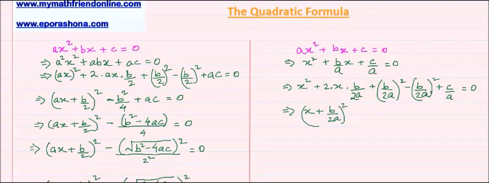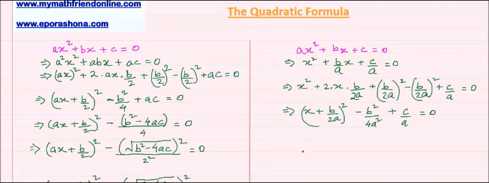Now coming to these two terms. Let us first square this. It is minus b square by 4a square. And this one is a plus c by a equal to 0. Next, we see that if we just want to add these two, what will be the LCM of these two, 4a square and a? It will obviously be equal to 4a square.